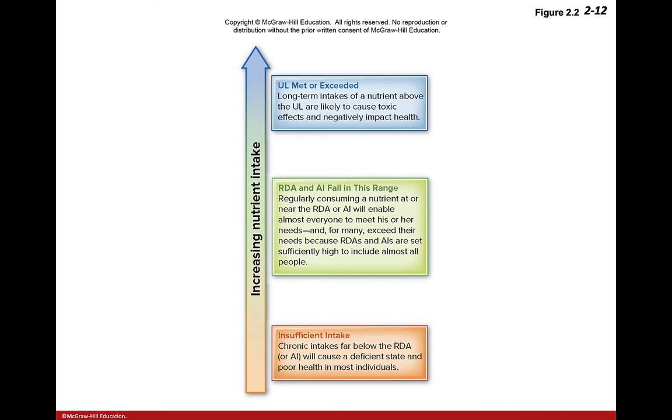And generally, this allows everyone to maintain good health based on the nutrients that they are ingesting. And then if we look at the upper limit, once again, we're talking about chronic use. So chronic intake above the upper limit can actually lead to toxicities, and that can have a significant impact on health, resulting in some type of disease or so on.